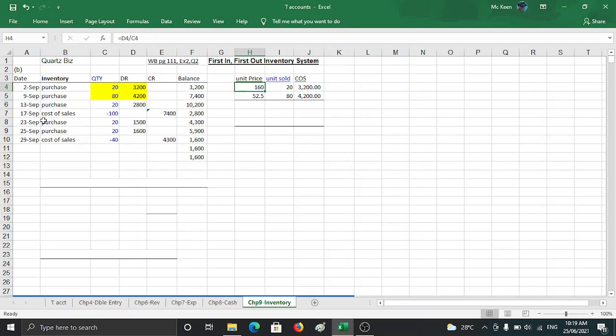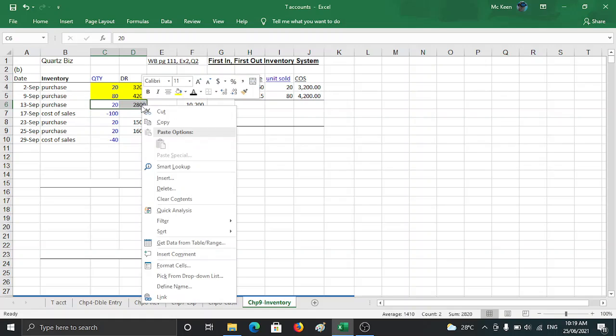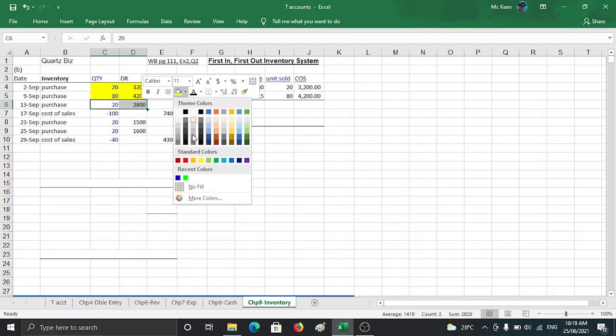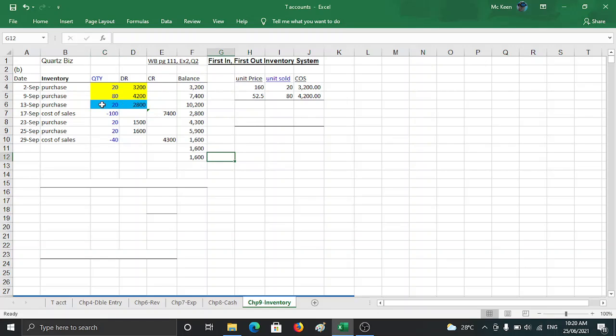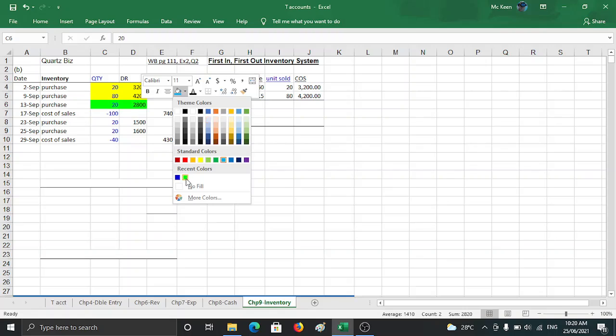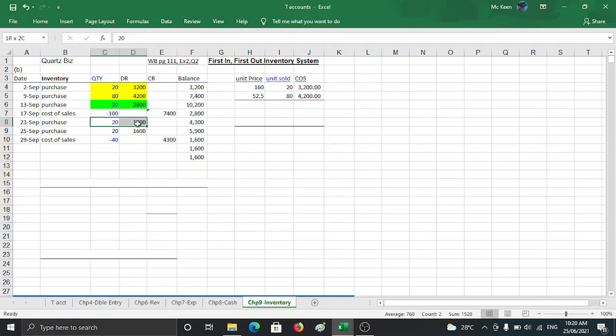So continue with the purchases on the 23rd and 25th, and then on 29 September another sale, 40 units at 5,003. So what does that tell you? The next 20 that's here, let's use another color. Blue. The next 20 that is here, and this one and this one.